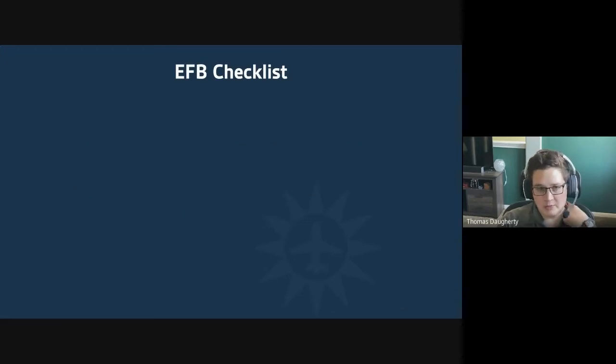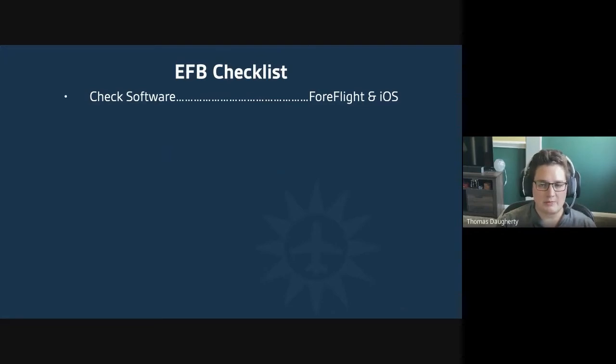So some things that we want as part of our EFB checklist. We want to make sure that we're up to date with both ForeFlight and iOS. Now iOS, we actually don't always want to update automatically. On our ForeFlight website, we have a banner where you can see if we've cleared the latest version of iOS with ForeFlight to ensure that there aren't any dependencies that are going to break.